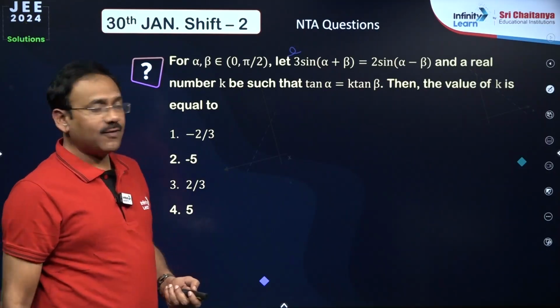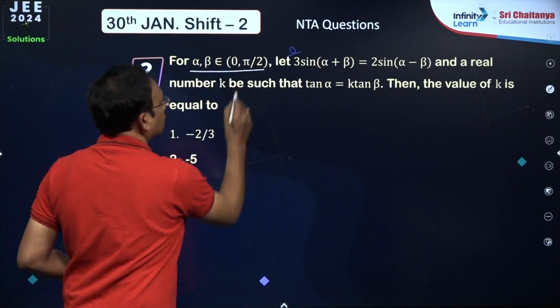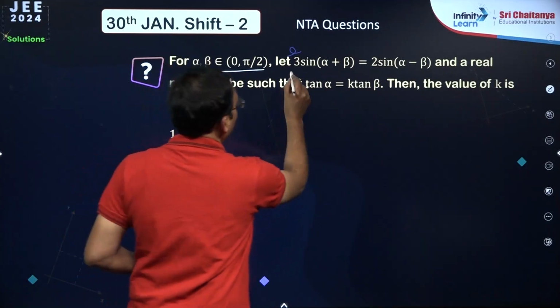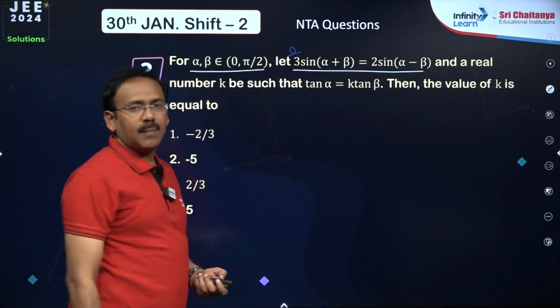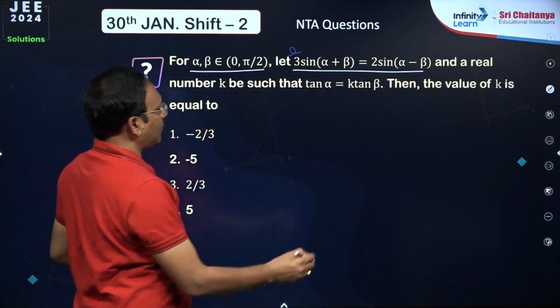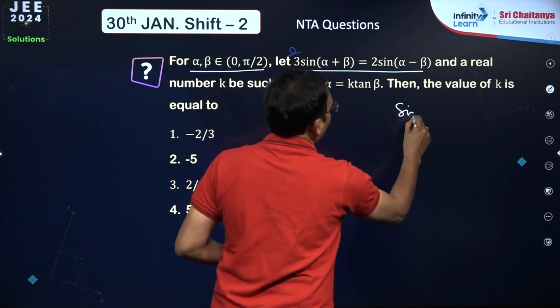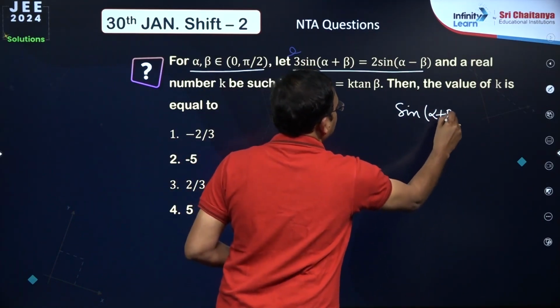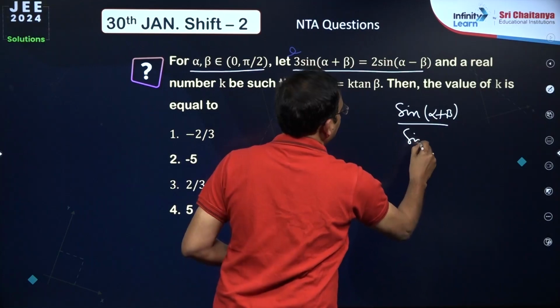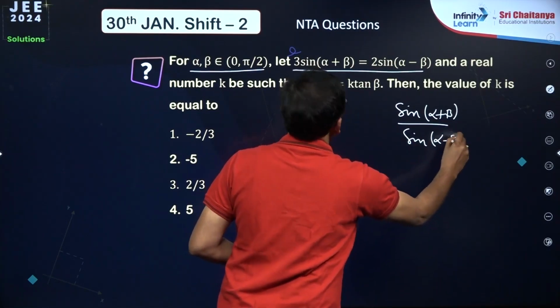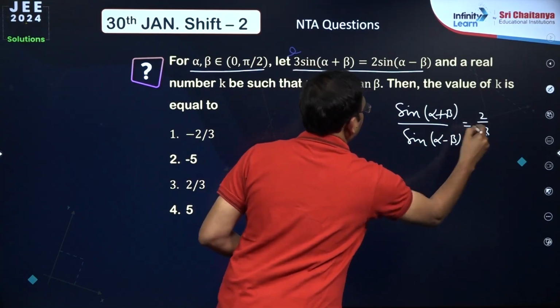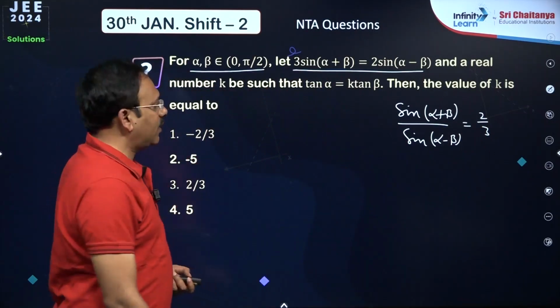The next one, given alpha, beta belong to the first quadrant, this is the equation given. So, why don't you apply componendo dividendo? You see, sine of alpha plus beta by sine of alpha minus beta is going to be 2 by 3. You just apply componendo dividendo.